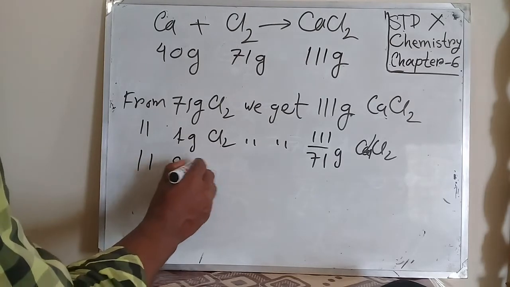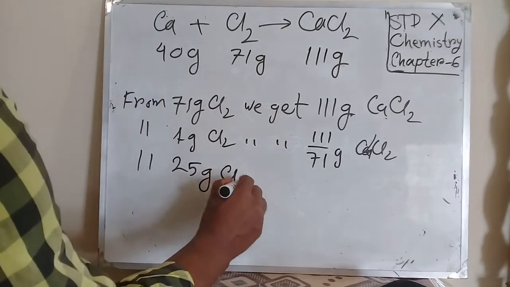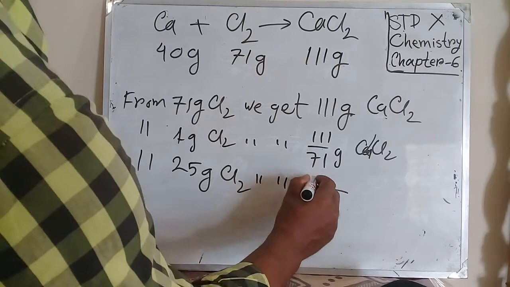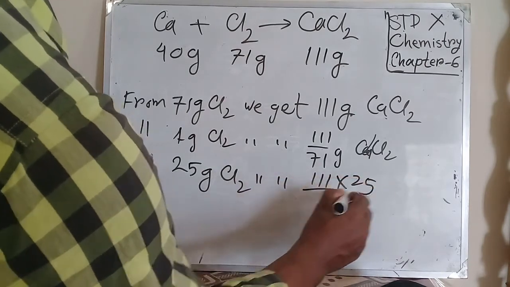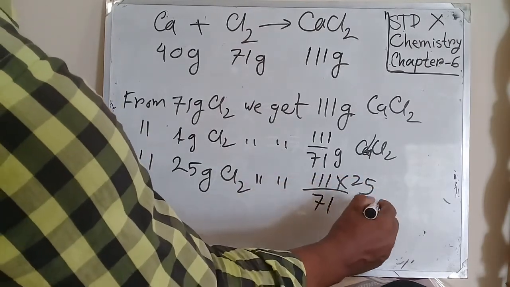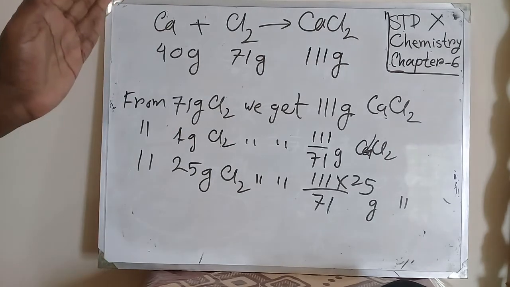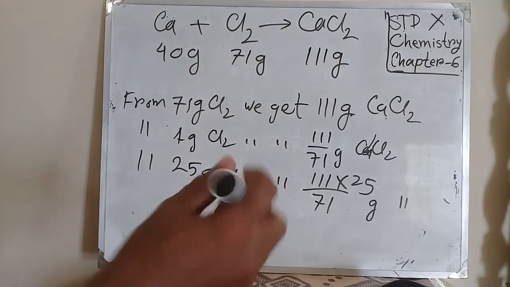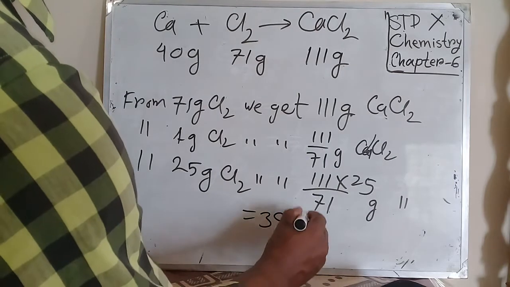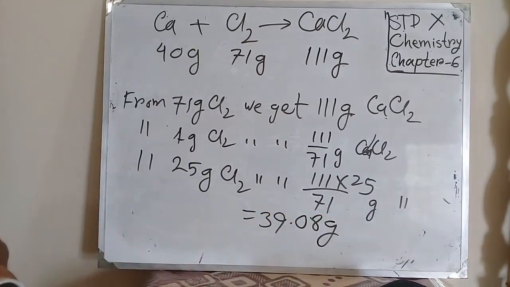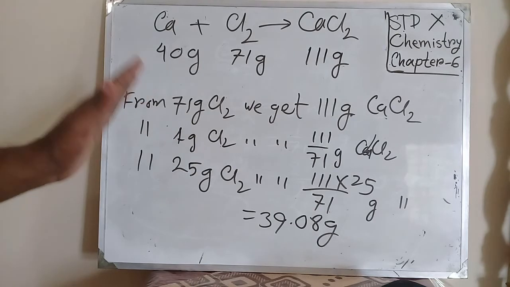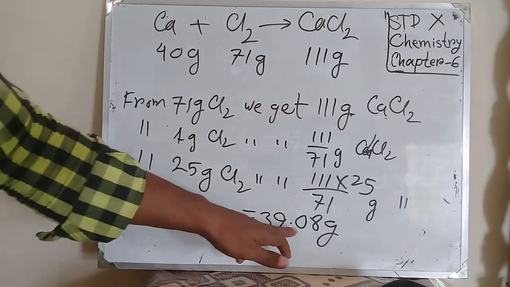So from 25 gram chlorine we can get 111 multiplied by 25 divided by 71 gram calcium chloride. I calculated this, and the amount is 39.08 gram. So if 25 gram chlorine is used up, then we can get 39.08 gram.